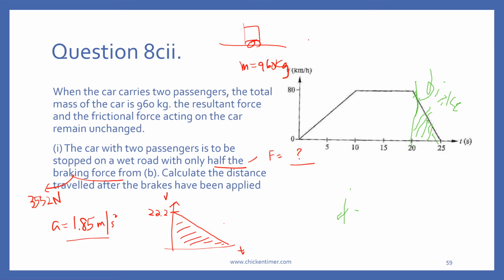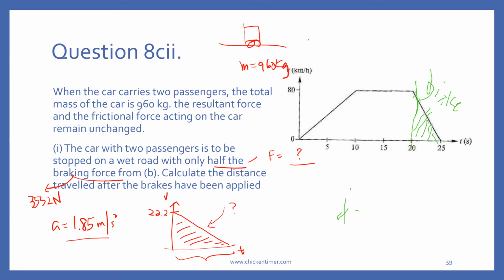So then our question here is, because now the situation is different and it doesn't stop at 25 anymore, there is a time taken for the car to come to a stop. Then there will be a different deceleration here. So how do we find t?